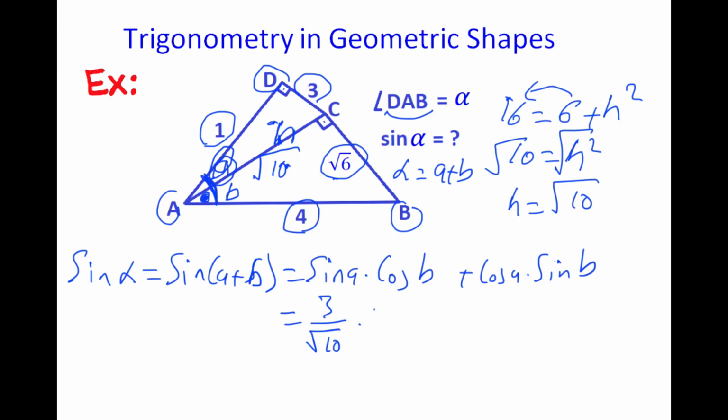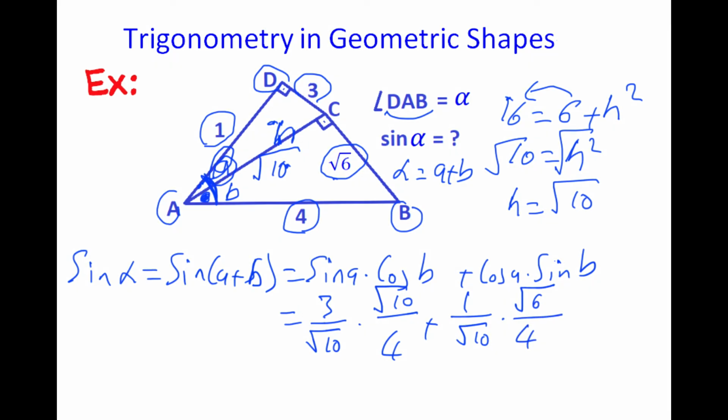So it's going to be square root of 10 divided by 4, guys, plus cosine A, again we're coming to angle A, cosine was adjacent divided by hypotenuse, which is going to be 1 divided by square root of 10, times sine B, guys. Sine is opposite divided by hypotenuse, which is square root of 6 divided by 4, guys.